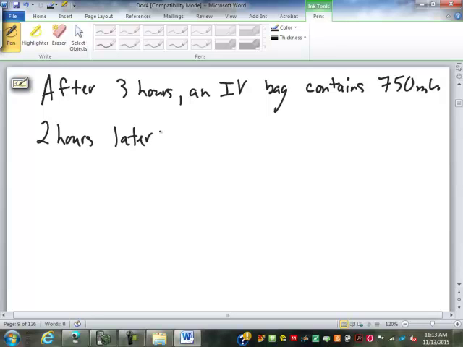Two hours later, it contains 250 milliliters. Find the flow rate.